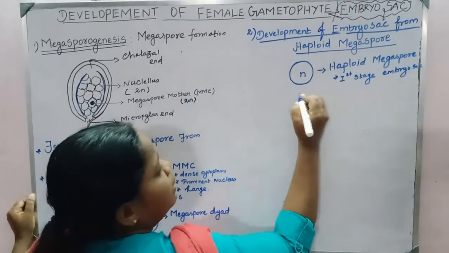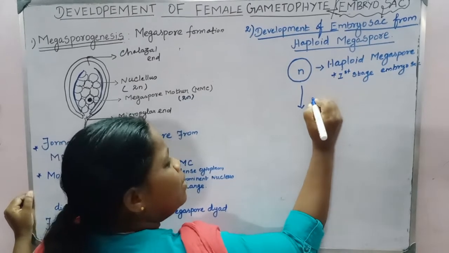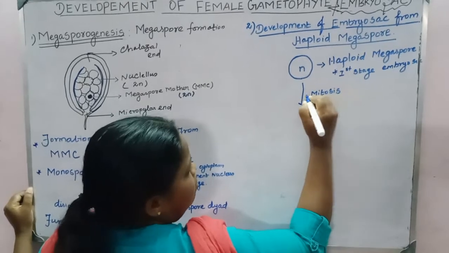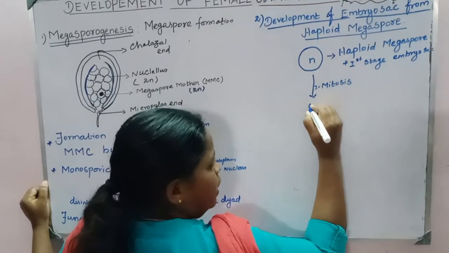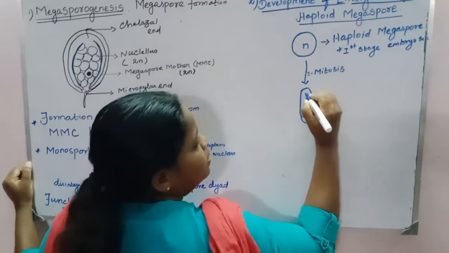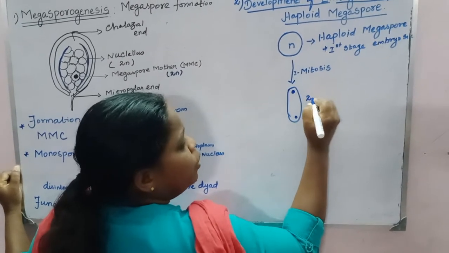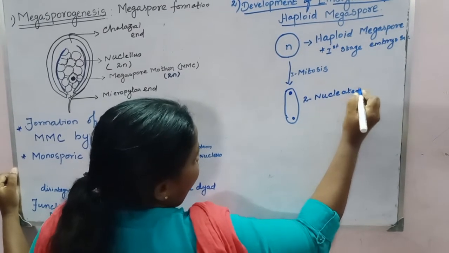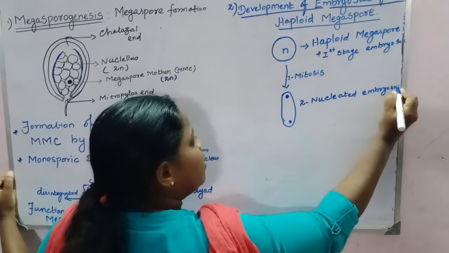Then this haploid megaspore undergoes mitosis cell division. So the first mitotic cell division produces a two-celled, or two-nucleated, embryo sac.